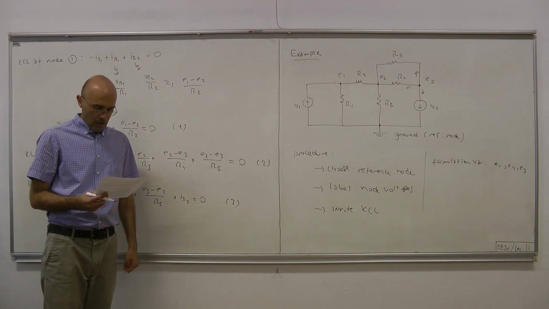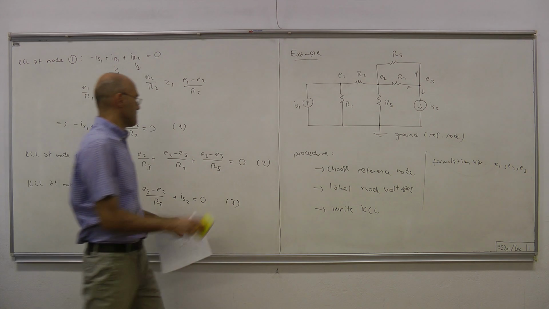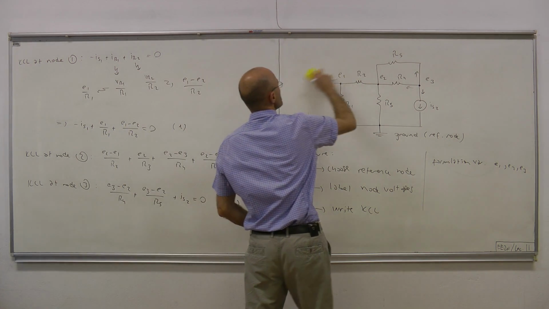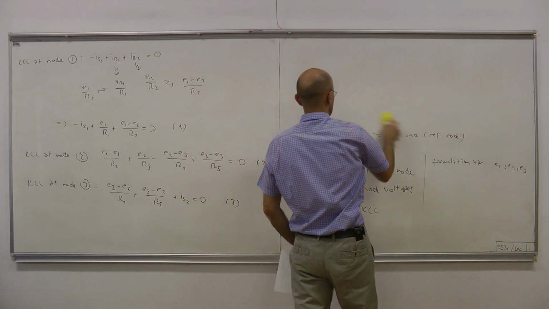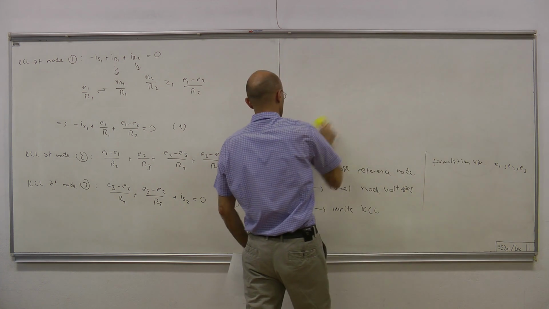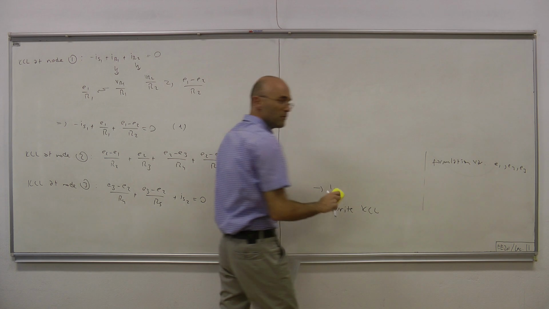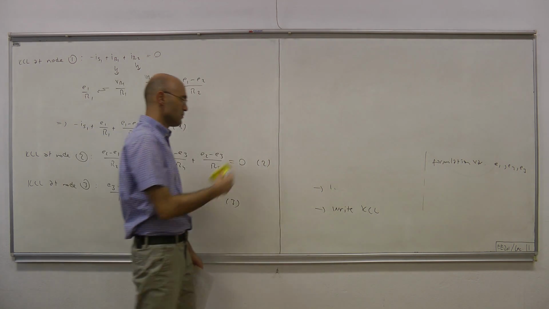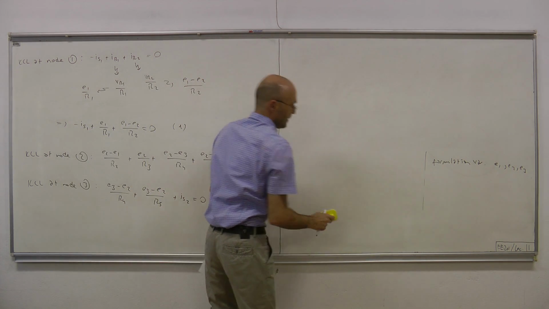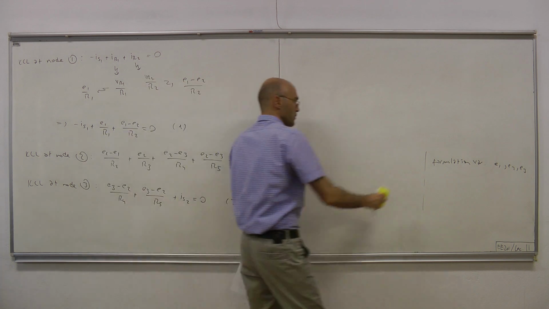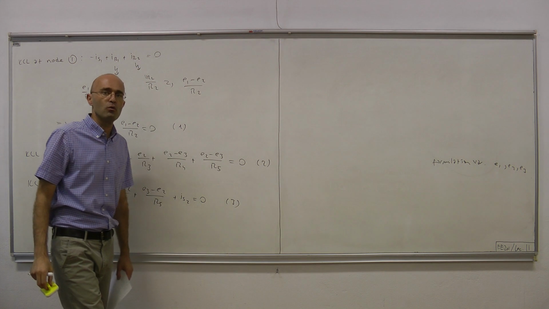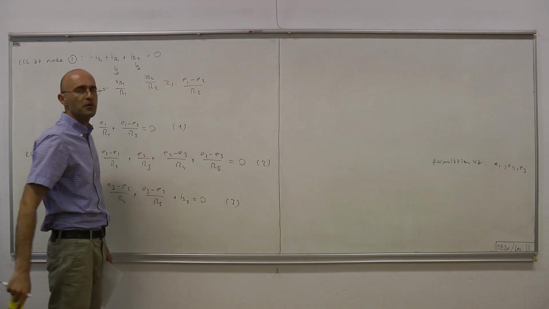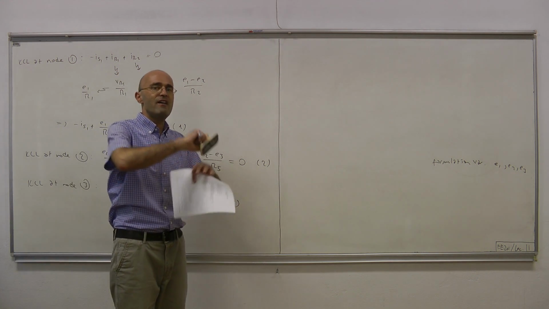So let's rewrite those equations in a nice form, and then we can put them into a matrix form. That's what we will usually do. We'll put everything in matrix form because they look nicer, and also if you want to take software help to solve the circuit. For this we don't need software, but consider a very large circuit.